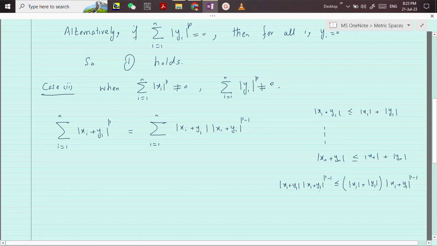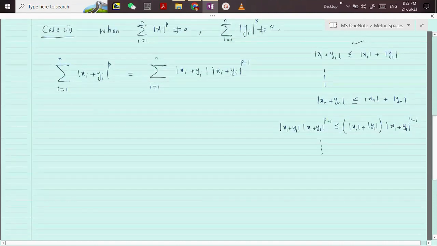Actually, I multiplied this number on both sides of this inequality. Similarly, when we multiply the same modulus with power p-1 by involving xn and yn in this inequality, we get the inequality in the same way, but for xn and yn.